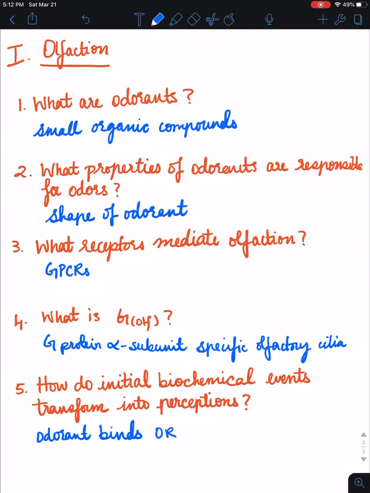binds, and OR is odorant receptor, which is the GPCR.